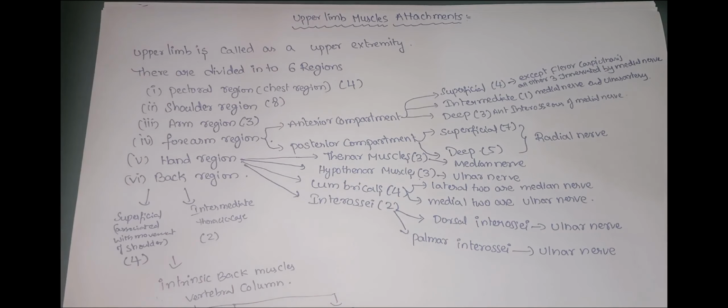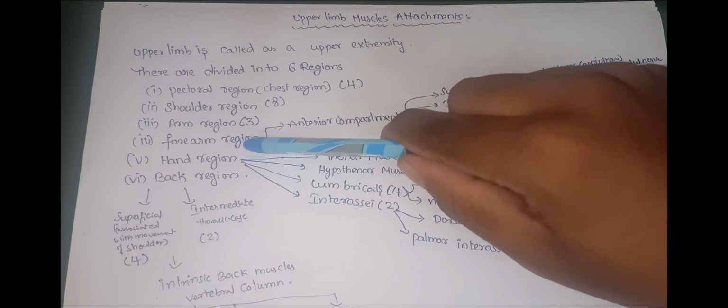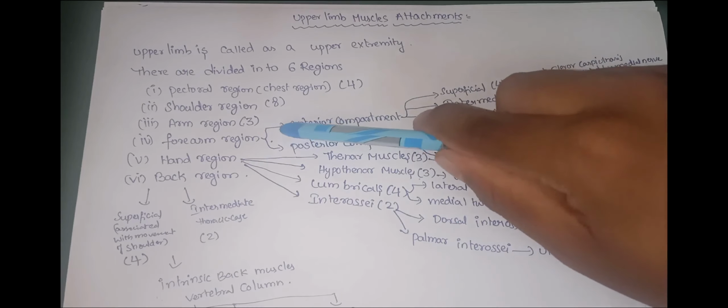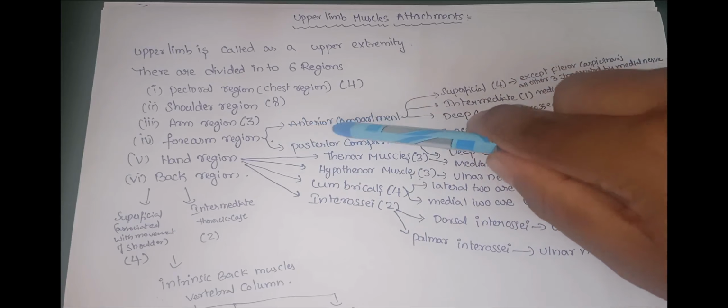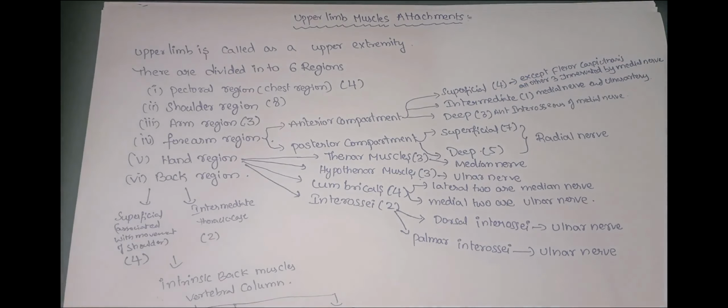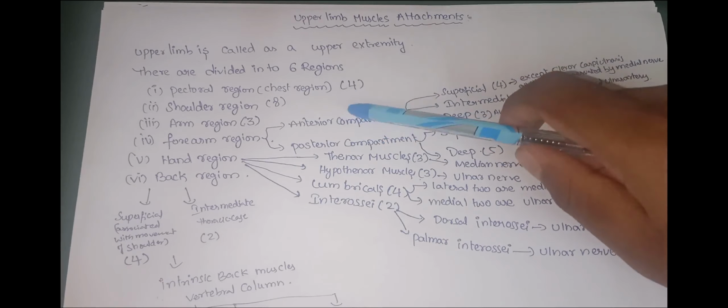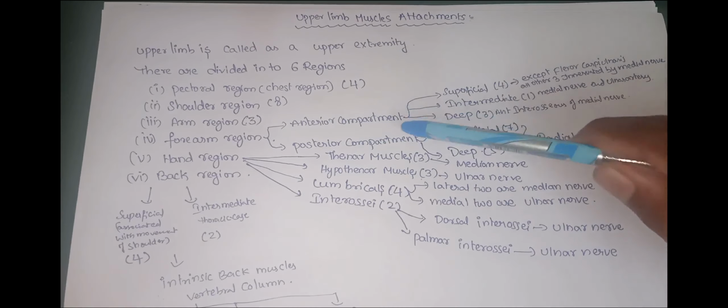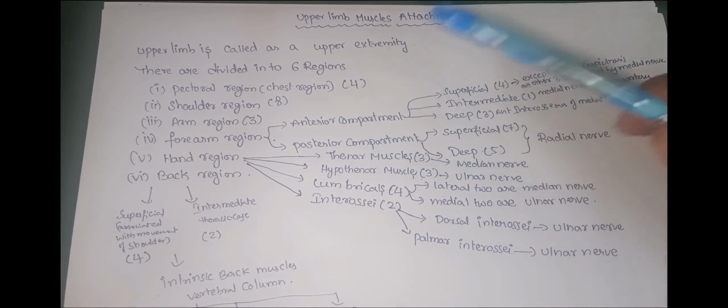Next, the forearm region. The forearm region is subdivided into 2 compartments: the anterior compartment and the posterior compartment.